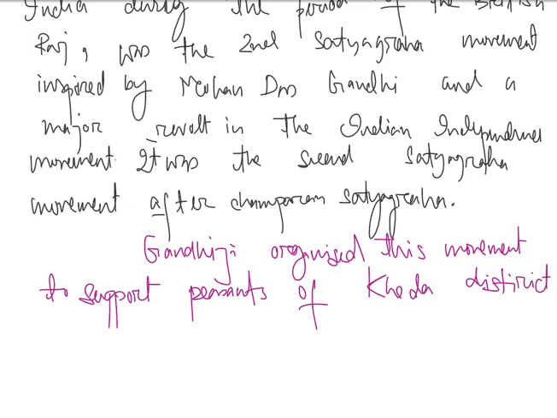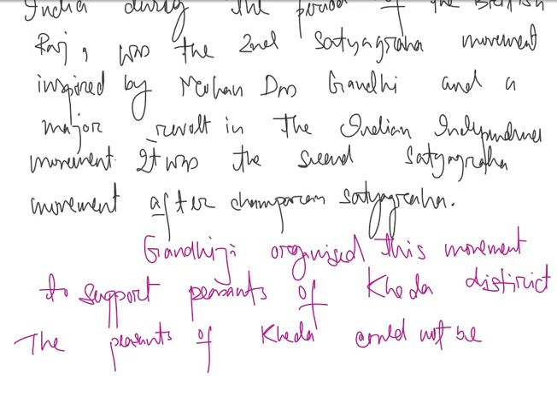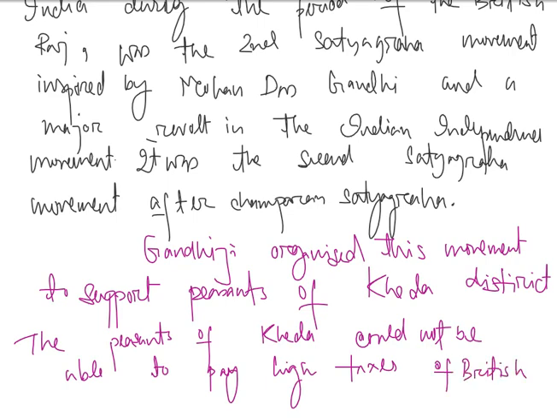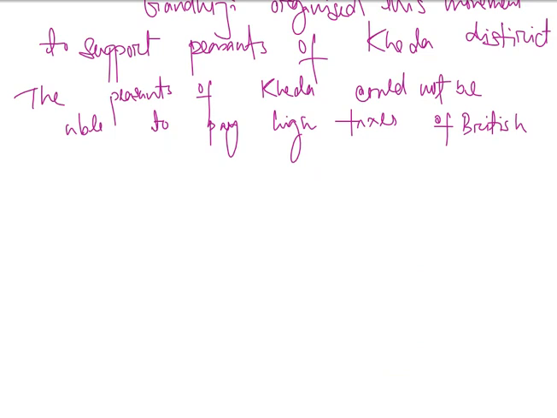The peasants of Khera could not be able to pay high taxes of British due to crop failure and plague epidemic.